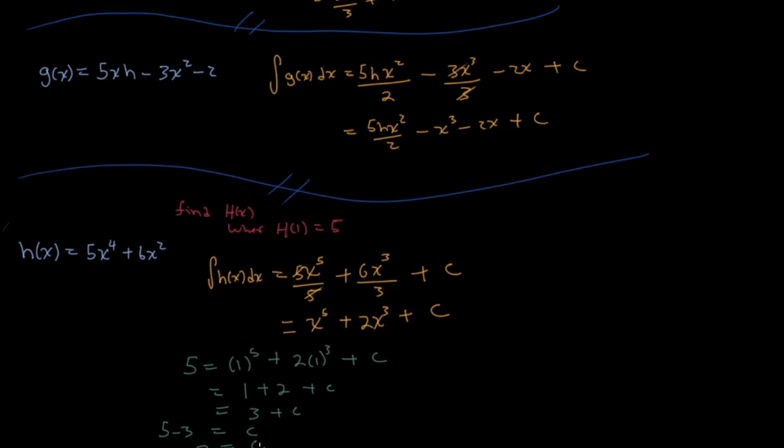That means our final answer, I'll use a different color here, our final answer, h at x, is equal to x to the power of 5 plus 2x cubed plus 2. All right, and there you have it.